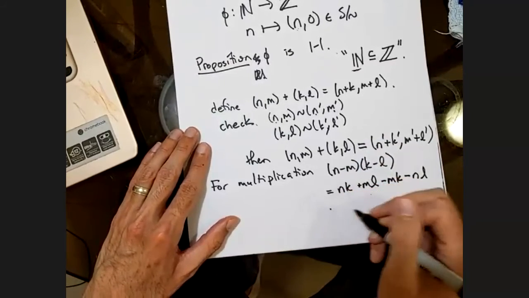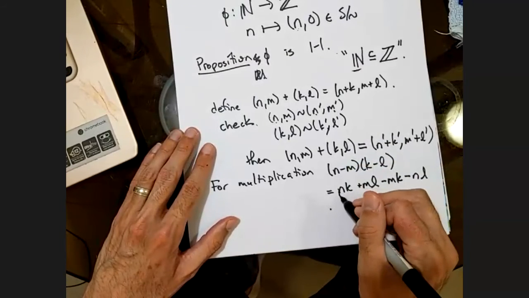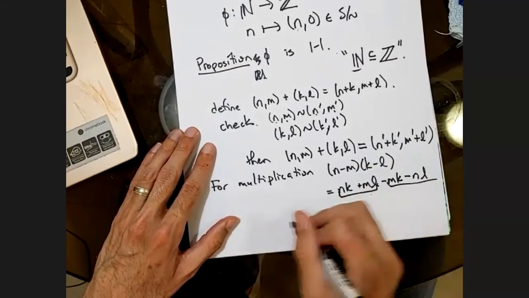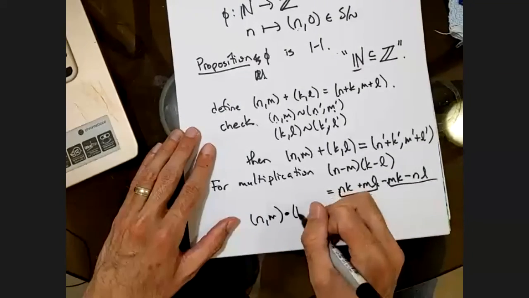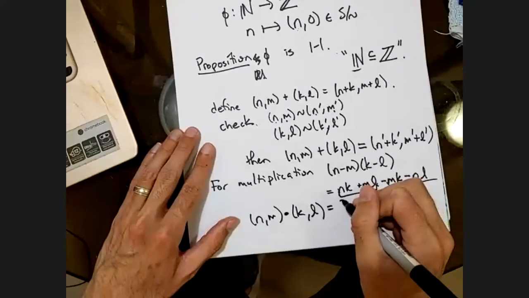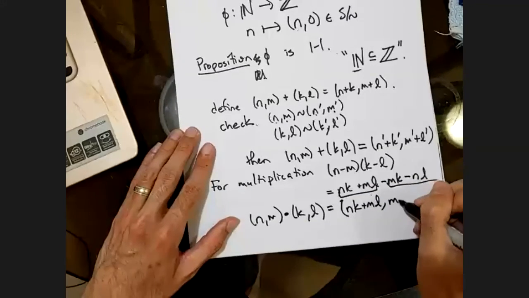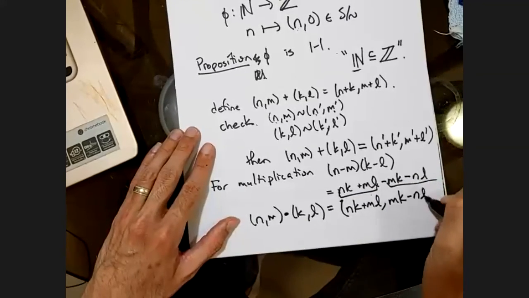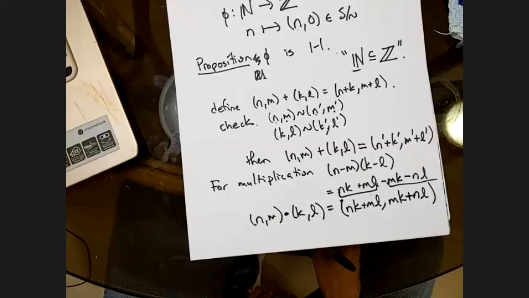In other words, the product of two differences is the difference of this minus this, right? So you should define (n, m) times (k, l) just to be (nk plus ml, mk plus nl). Oops, sorry, mk plus nl, right? And so in that way, you define multiplication of integers.